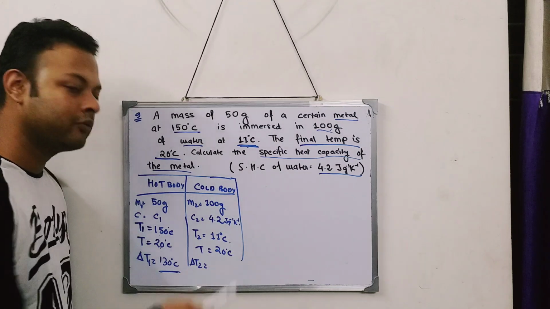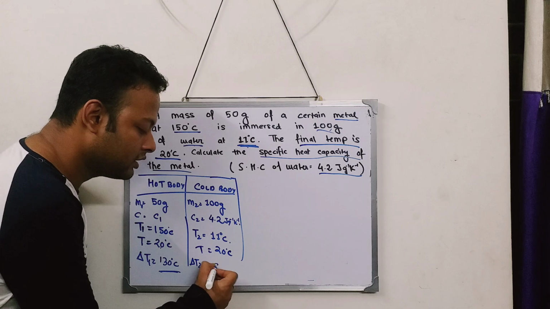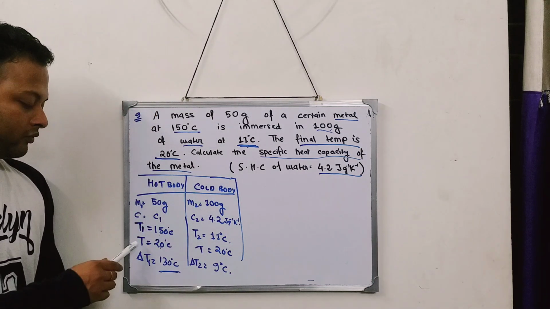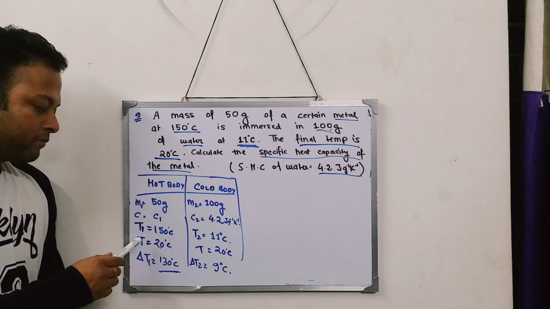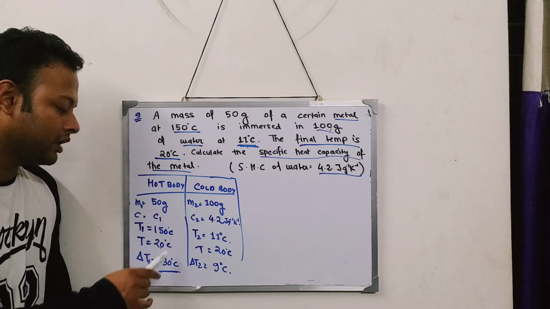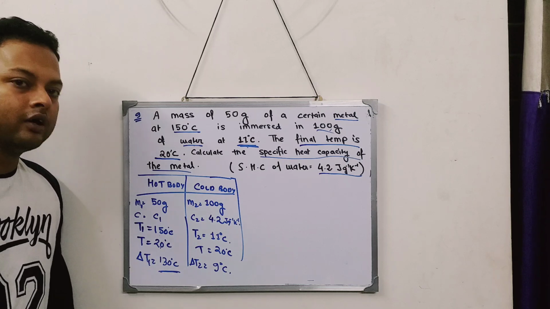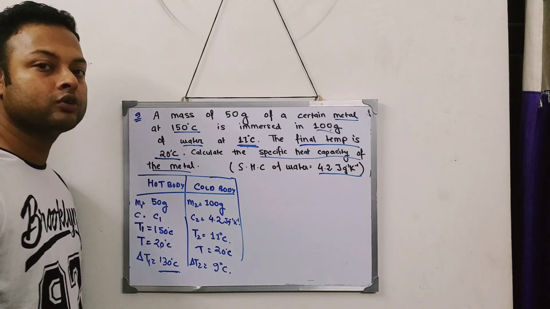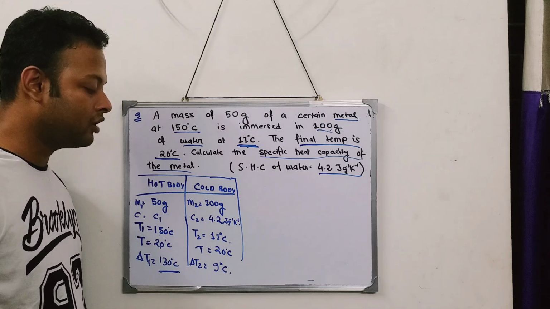Now finally it became 20 degrees. So delta T is 9 degrees centigrade, 20 minus 11. And for the hot body, initially it is at 150 degrees centigrade, but as I put it in the water, it became 20 degrees centigrade. So the difference is 130. Now after this, I will use the principle of calorimetry.